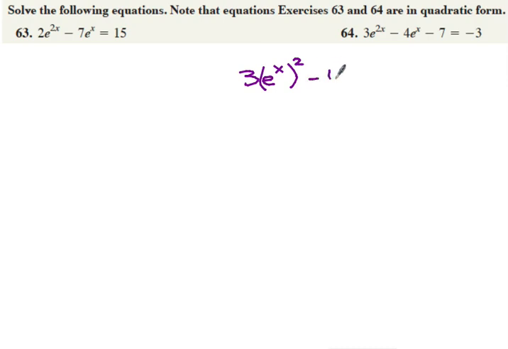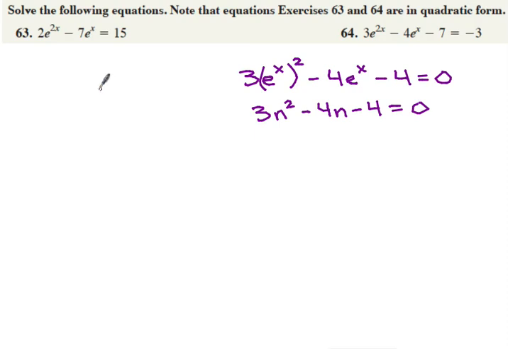So then we have this minus 4e to the x, minus 7, but we're going to add that 3 over, so this will be minus 4 equals 0. Okay? That still looks kind of ugly, right? We're like, oh, what if I did this, though? And I just changed it into something that looked like that. Does that look nicer for you? Yeah. What did I do?